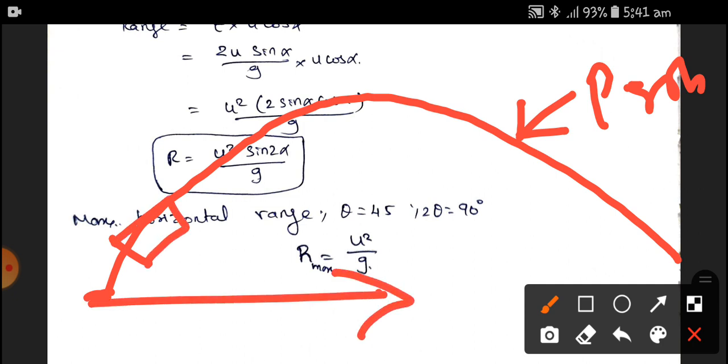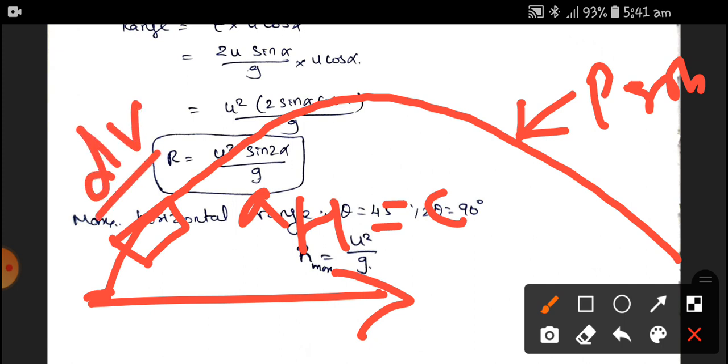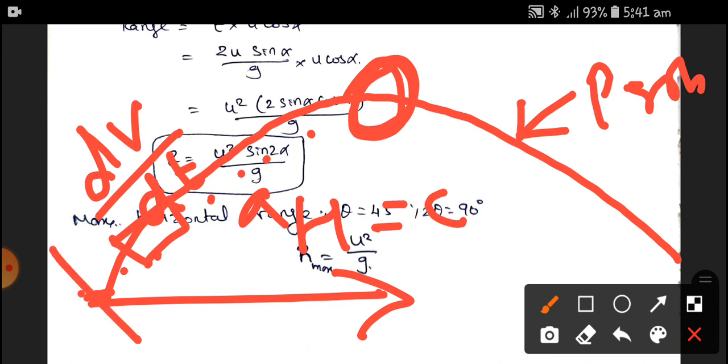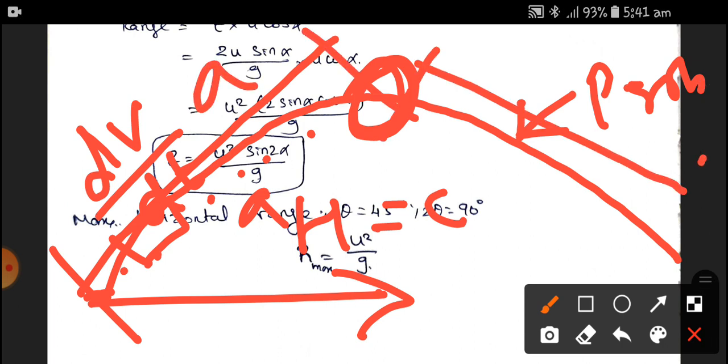The horizontal acceleration is always constant, whereas the vertical acceleration is the change of velocity with respect to time. When thrown initially it has more velocity, and step by step it gets reduced, and there is zero velocity at the top, and again the velocity picks up. Therefore this period is called an acceleration period, and this period is called a deceleration period.